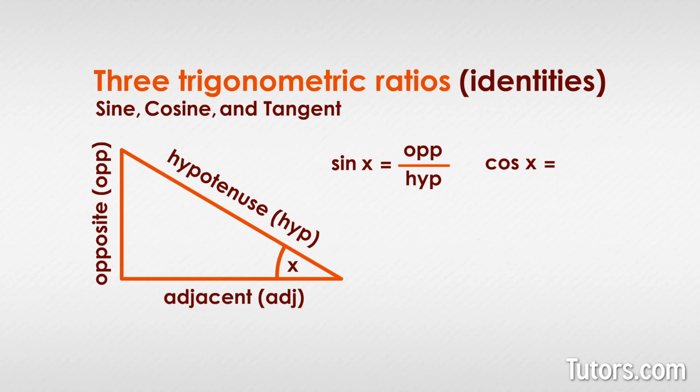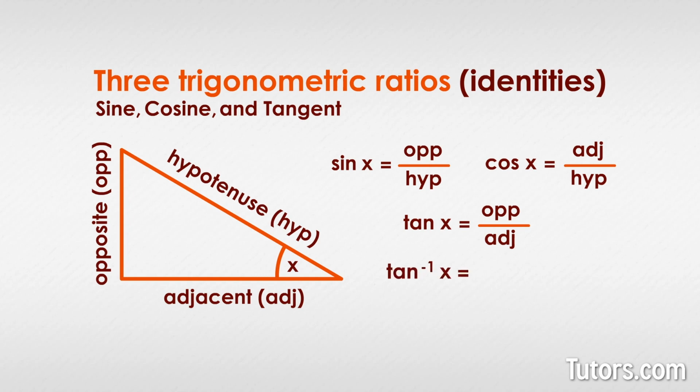Cosine x equals adjacent side to the given angle divided by hypotenuse. Tangent x equals opposite side to the given angle divided by adjacent side. If you know the tangent of an unknown angle, using the tangent formula, you can use the inverse of tangent, arctangent, to find the actual angle.